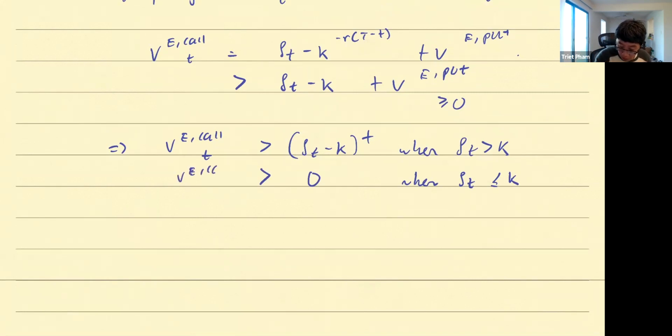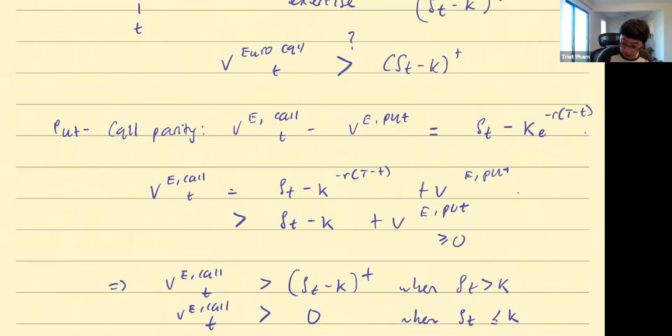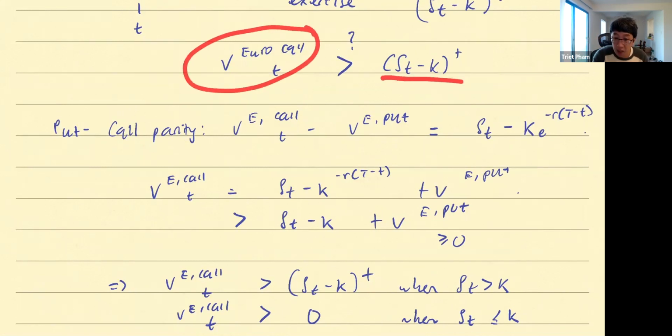So what that means is that this is true. The European call option is always bigger than its intrinsic value. That's the statement you're looking for: the European call option is always strictly greater than its intrinsic value.